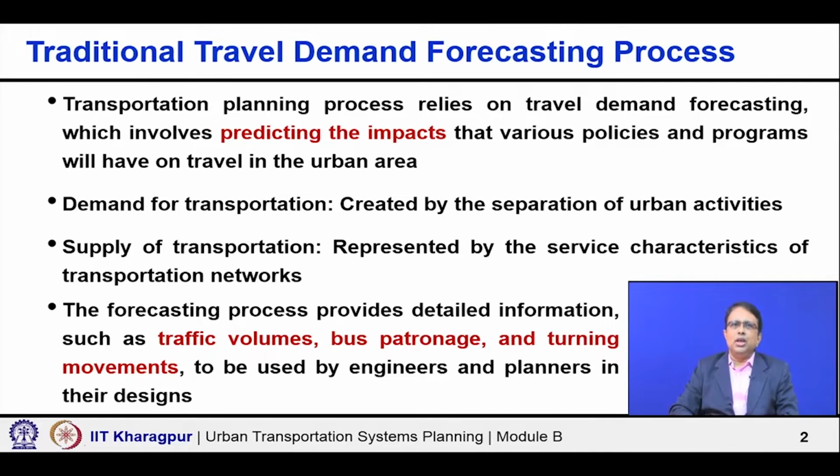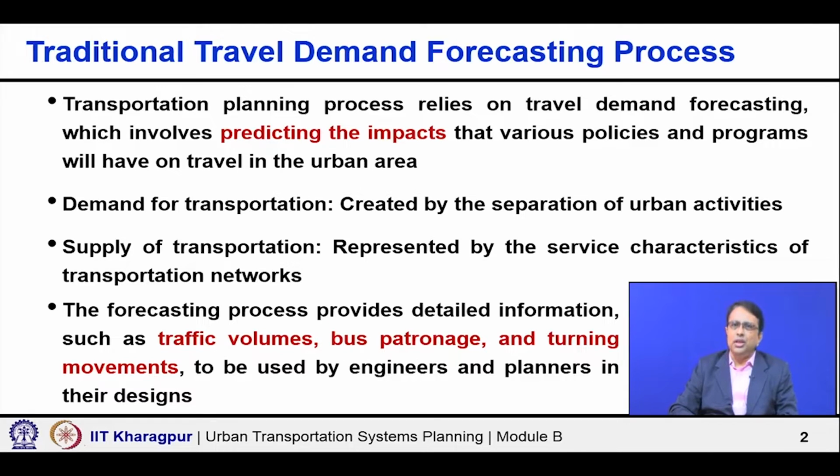In an urban area, the demand for transportation is created by the separation of urban activities. Urban activities are the key. All travel happens because of these urban activities. So, the demand is created by the spatial separation of urban activities, activities located in different places.